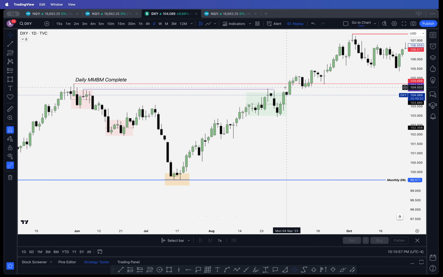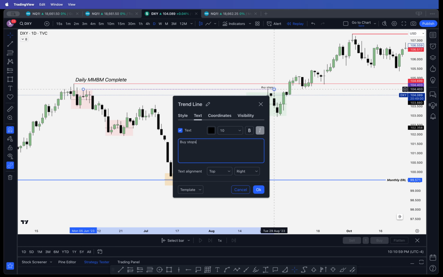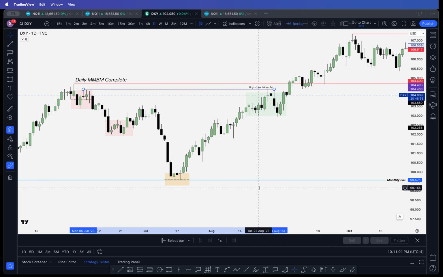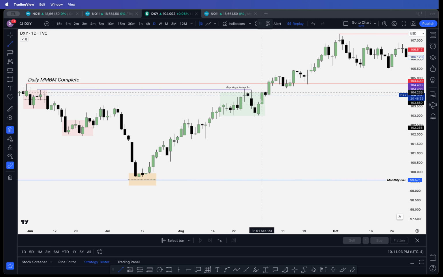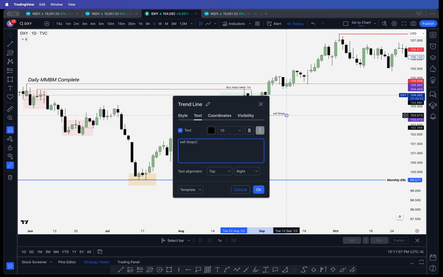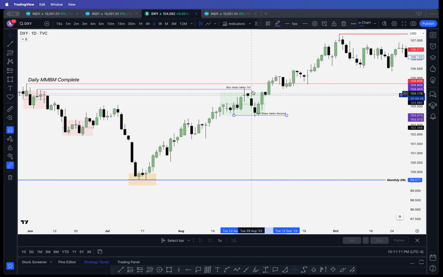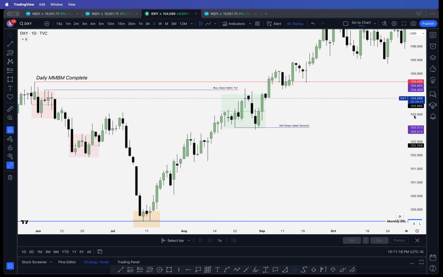Buy stops taken first. Then we will look to see if sell stops are taken second. And I don't believe in using this as a pattern to enter. I believe in using this as a reason to build out a narrative for why we're leaving the consolidation.